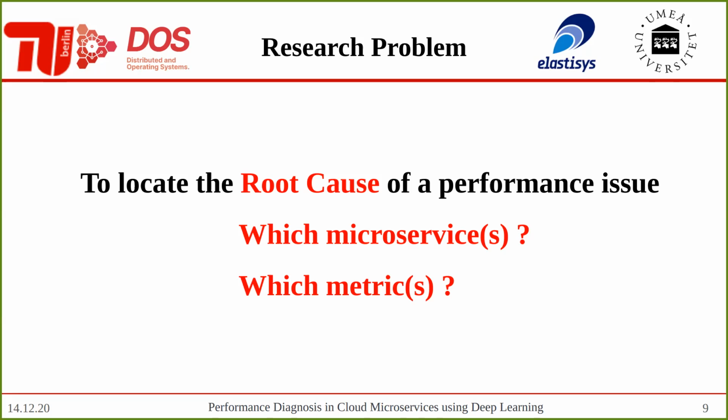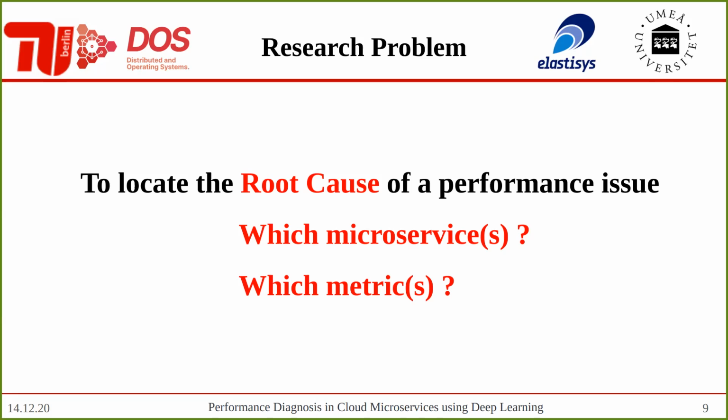If we can get a fine-grained root cause, which means we know which metric has the problem, then it will be easier for the operator to decide the recovery action. For example, if we identify that the CPU utilization is higher for this microservice, the operator can just scale out the CPU resources for this microservice and fix the issue. So with this fine-grained root cause localization, it will enable automatic recovery afterwards.